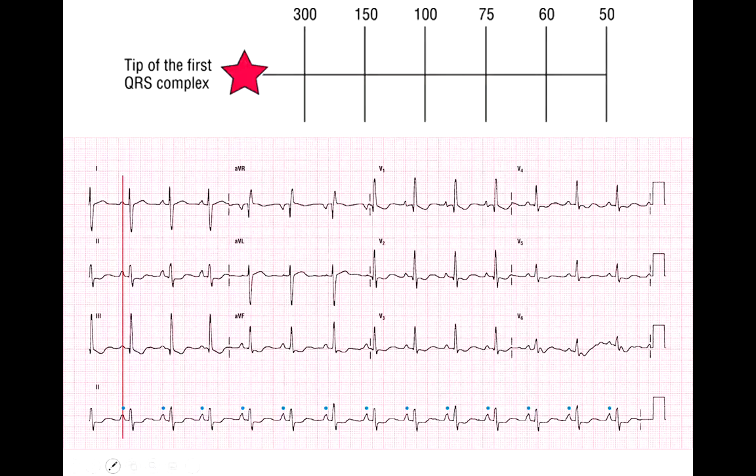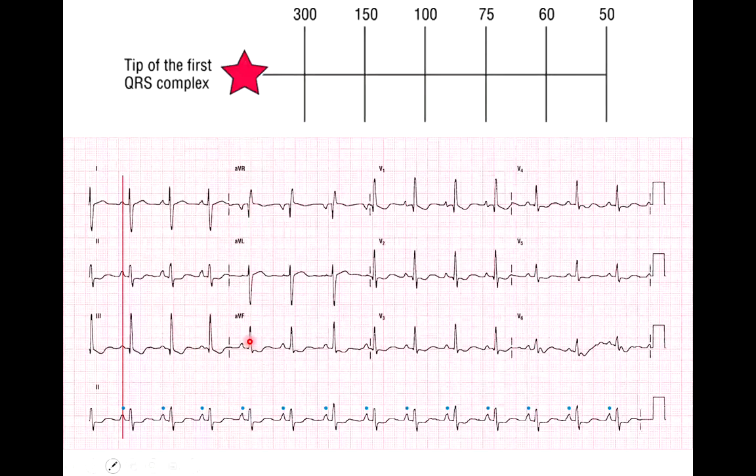Okay, let's find one of our QRS complexes that are sitting on a dark line. Some of you might have picked this one here. Here's a dark line, and we've got a QRS complex that's sitting very close to that dark line.